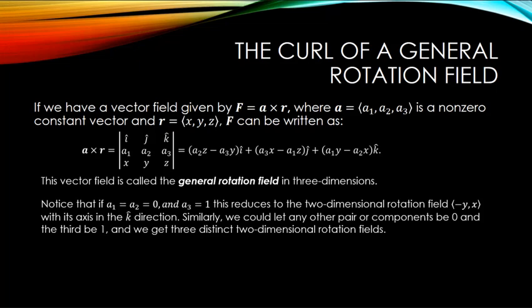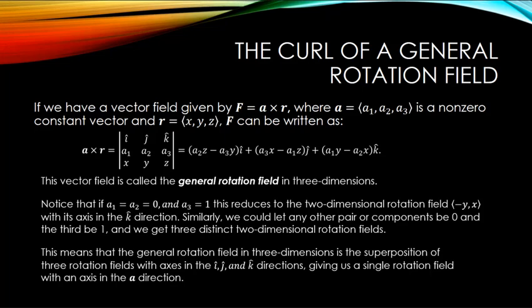Notice that if I let a sub 1 and a sub 2 both be 0 and a sub 3 is 1, this reduces to the 2-dimensional rotation field given by a vector with components negative y, x, with its axis in the k hat direction. Similarly, we could let any other pair of my components be 0 while the third is 1, and we would get 3 distinct two-dimensional rotation fields.